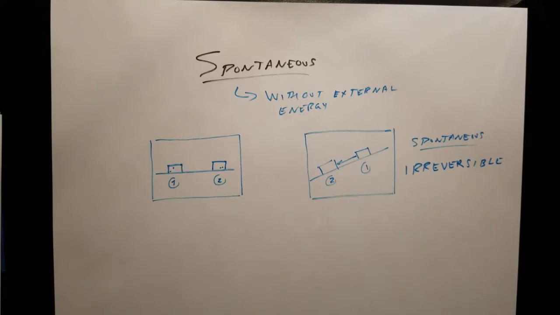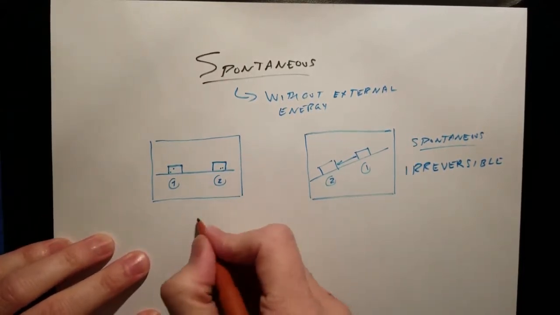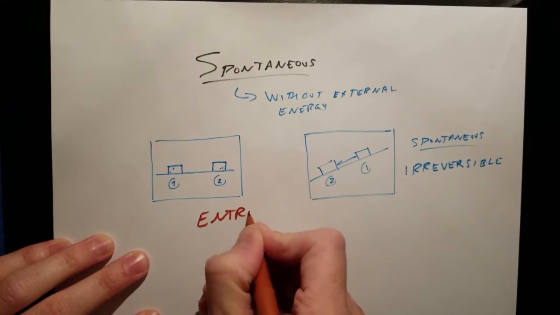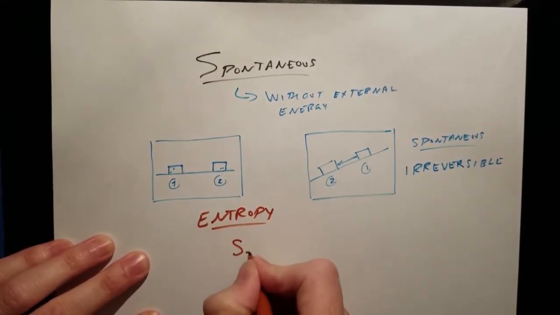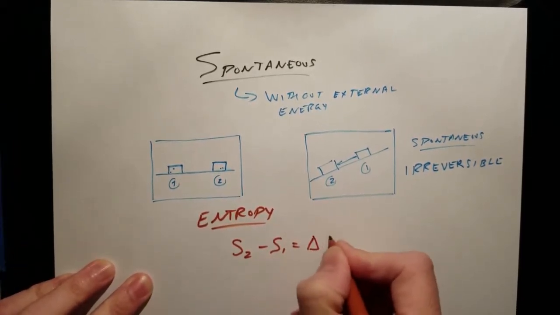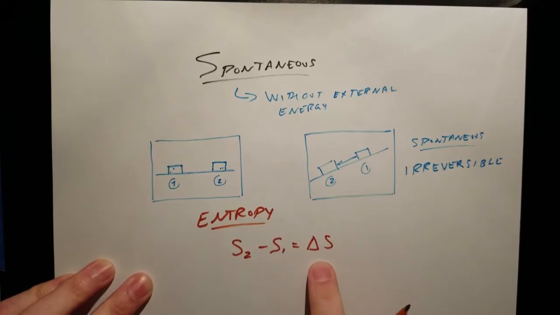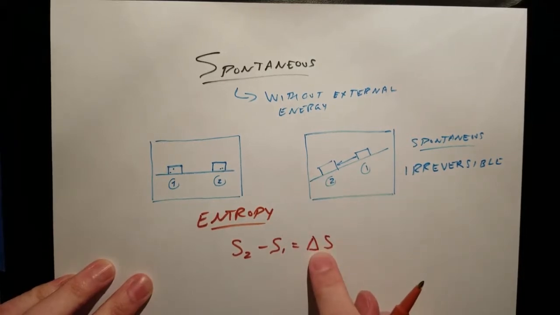Now, when we discuss the reversibility, we're going to characterize that in terms of the entropy. And we use S2 minus S1 equals delta S, the change in the entropy. So if something's spontaneous, then there is a positive change in the entropy.